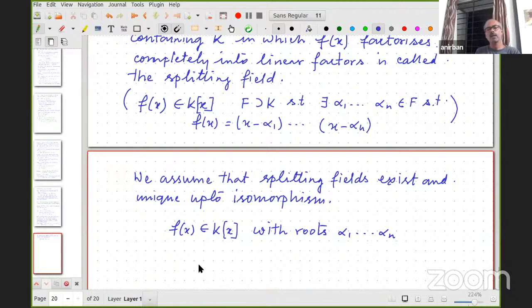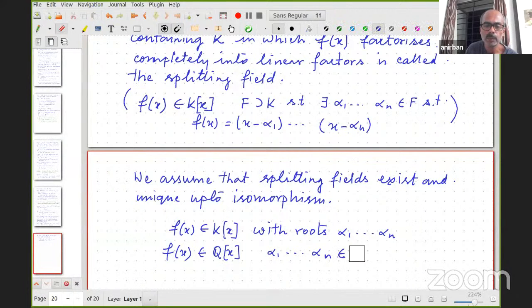If you think of fields, say Q[x] for example, polynomials with rational coefficients, then of course you can always solve them in complex numbers.